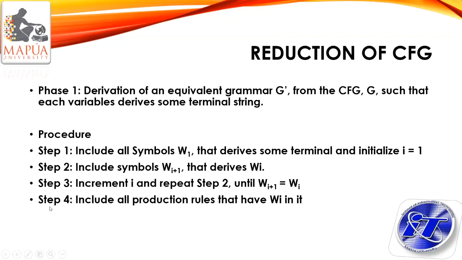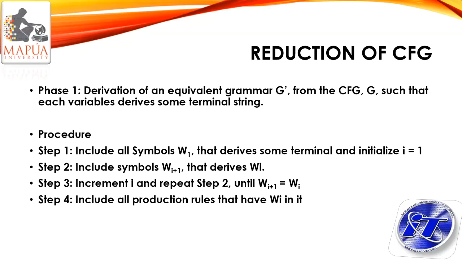In step 2, we're just going to do step 1 again, but now instead of just terminals, it includes the list in W1. There is a possibility that some non-terminals will yield the symbols in the W1 list, so we include those in the next list, which we call W2.